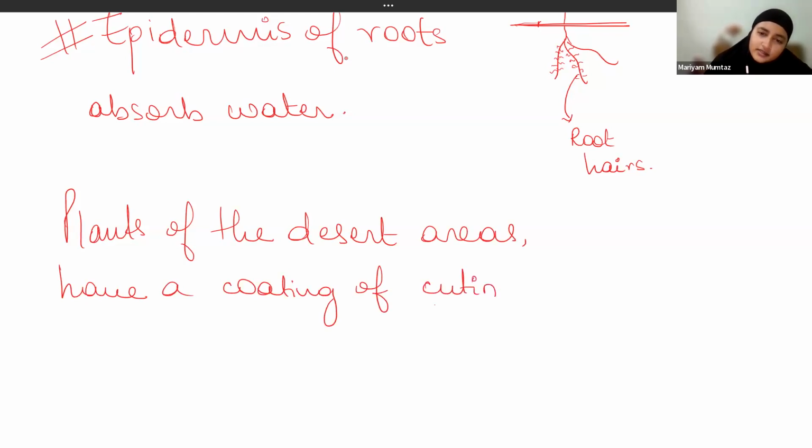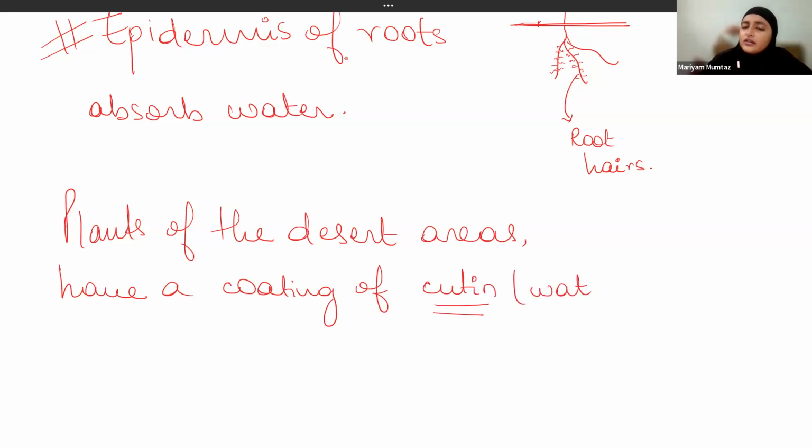Okay, cutin is a substance. And just like how a waxy coating was there in the case of the plants of the dry habitats, isn't it? So this coating of cutin is also waterproof.